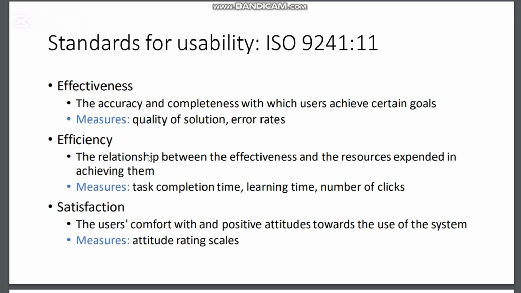Efficiency: the relationship between the effectiveness and the resources expended in achieving them. Here measures can be seen as task completion time, like how much time the user takes to complete the task or to get the solution the app is providing.